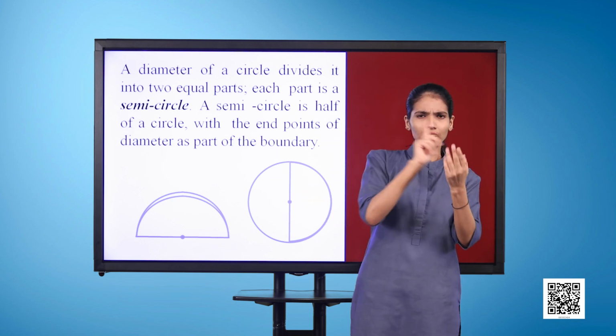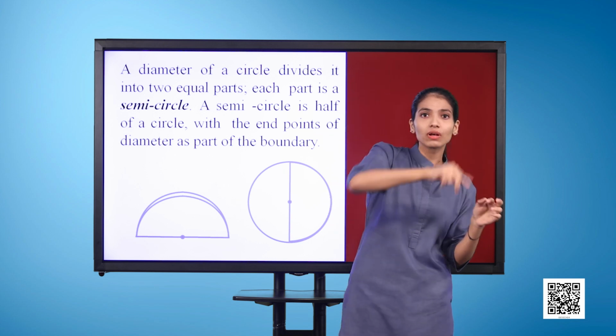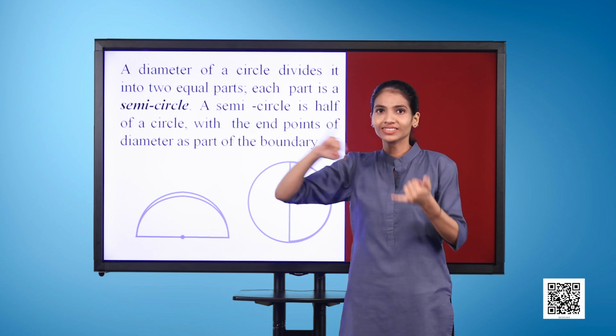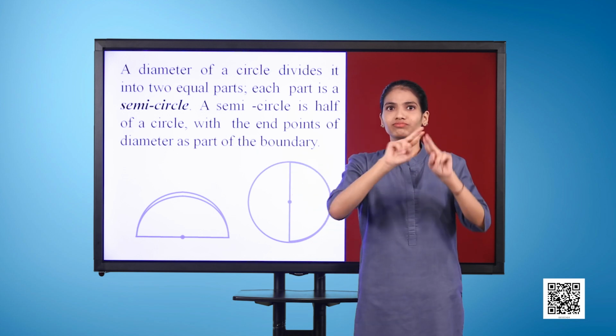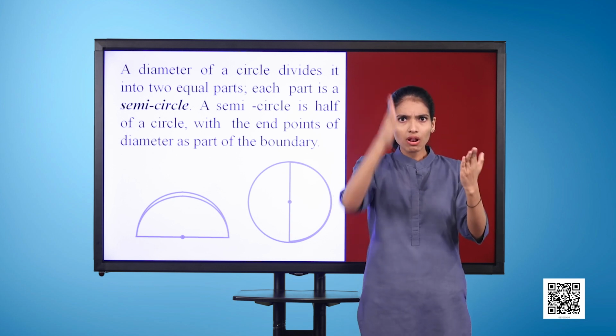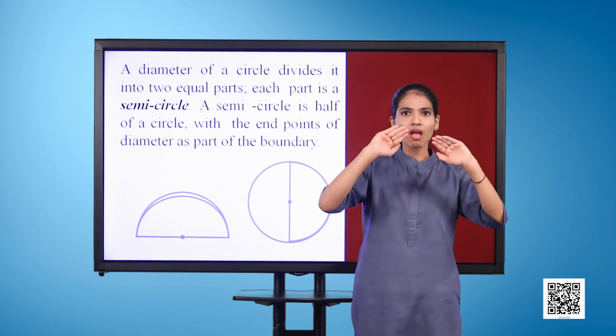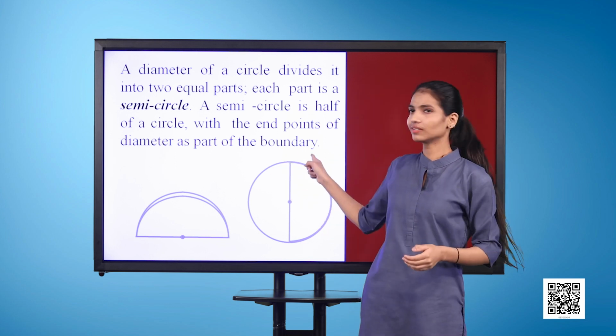Each part is a semicircle. A semicircle is half of a circle, with the end points of the diameter as part of the boundary.